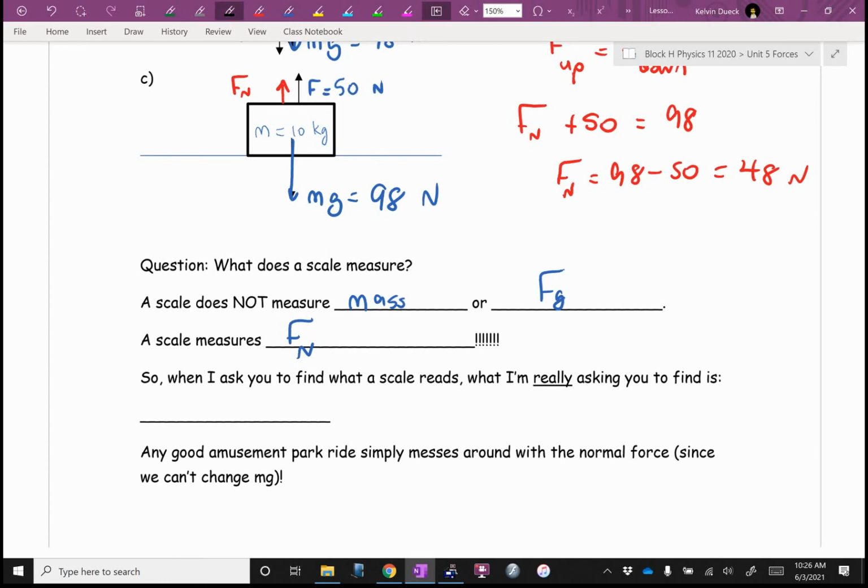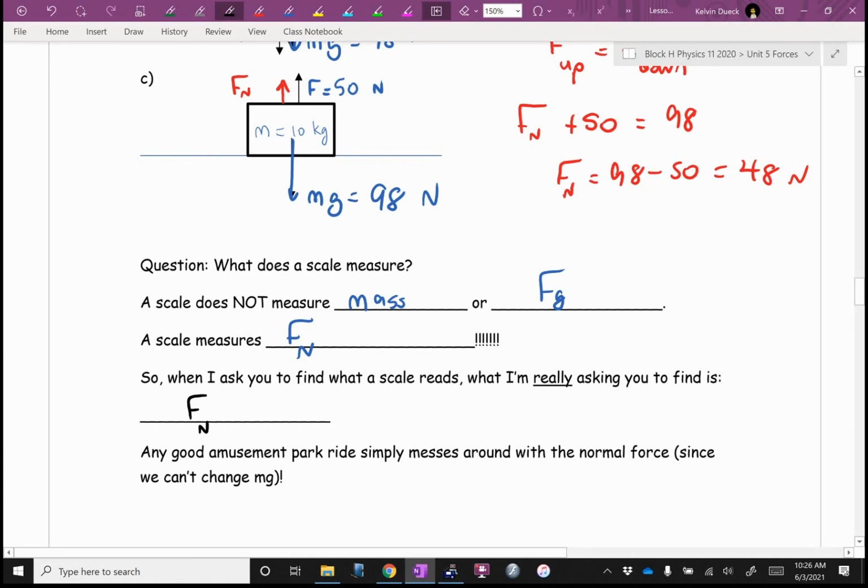So when I ask you to find what a scale reads, what I'm really asking you to find is the normal force. That's one you want to commit to memory, because I guarantee there will be a test or quiz question in your future where I'm going to say, what does the scale read? Get the Fn by itself. Okay. A good amusement park ride, roller coasters, all they do is mess around with the normal force.